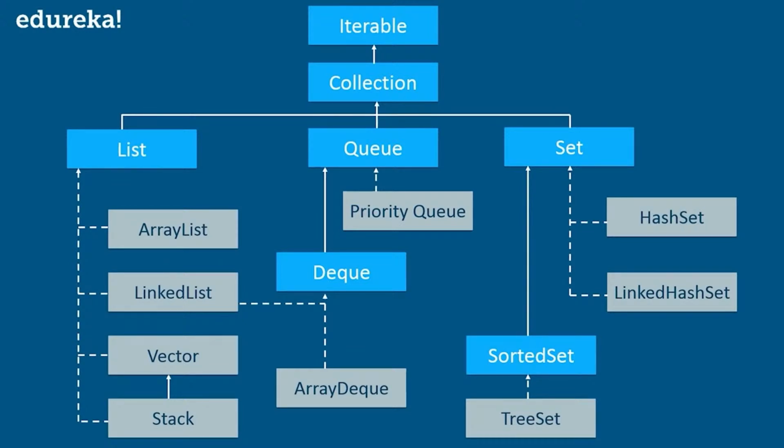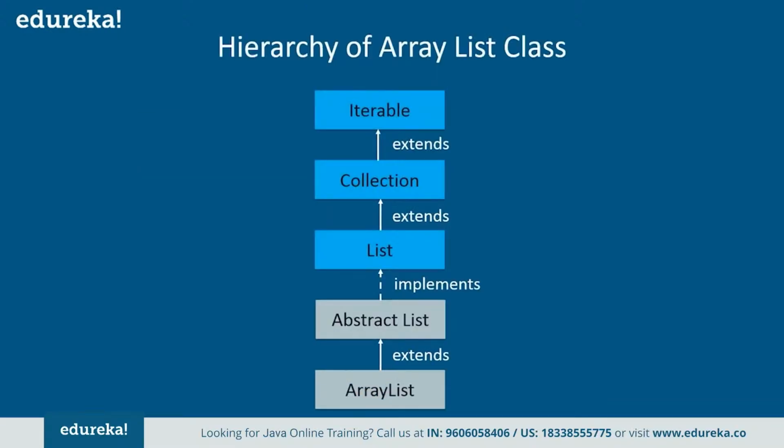Similarly, Deque is also an interface, so it extends and inherits the Queue interface. Now talking about ArrayList, it uses a dynamic array for storing the elements. It inherits the AbstractList class and implements the List interface. Then the List interface extends the Collection and Iterable interfaces in hierarchical order. So this is about the hierarchy of the ArrayList class.